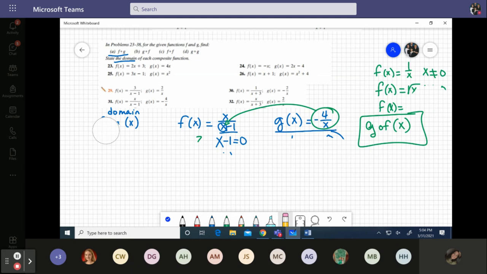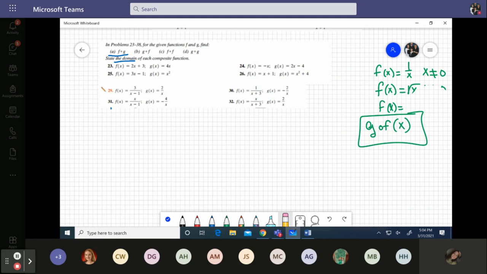So if I'm going to do g of f, then I still have x over x minus 1 for f, and I still have that x cannot equal 1.